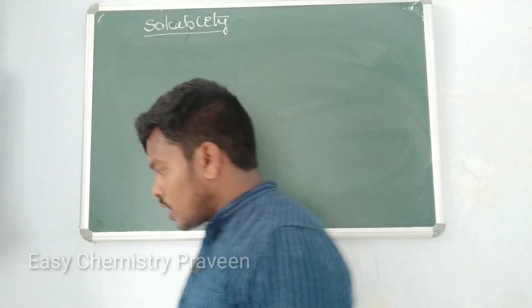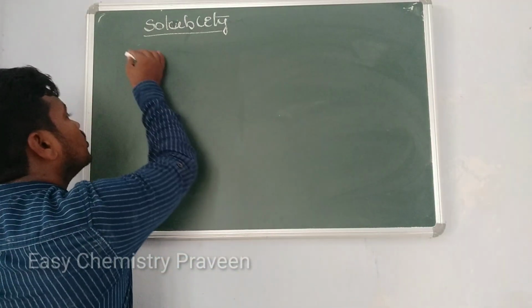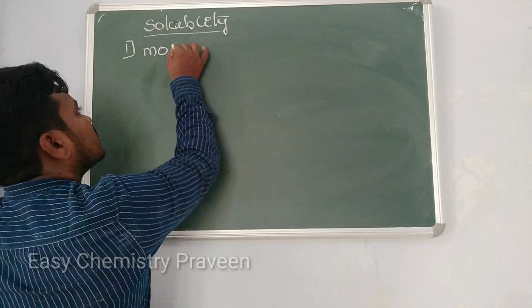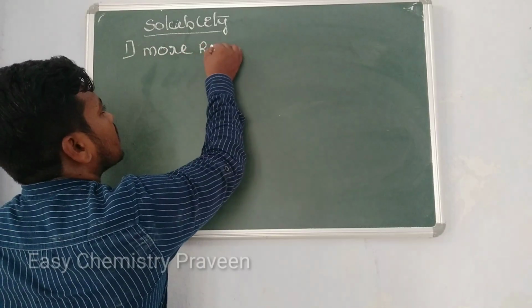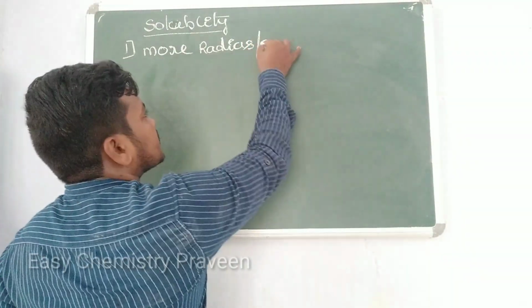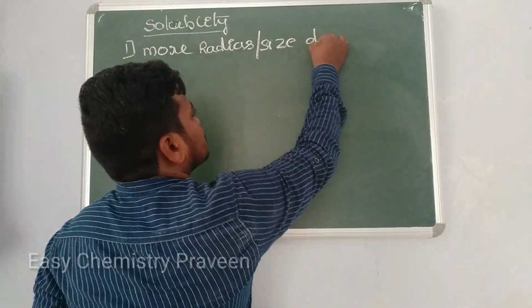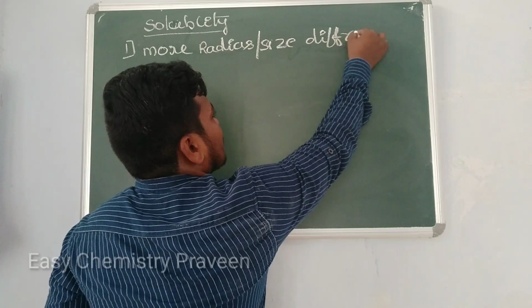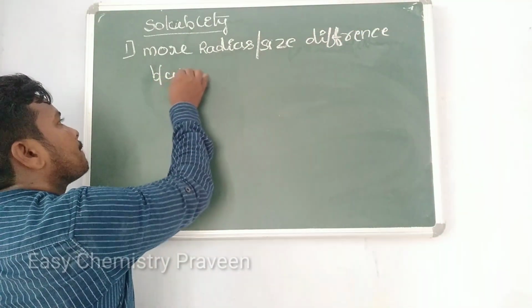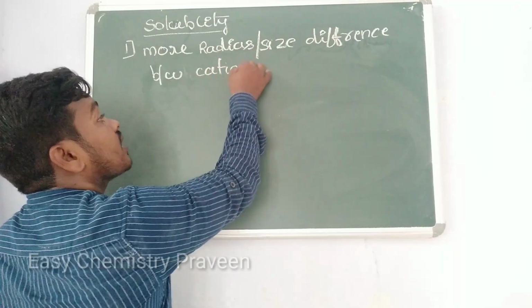If you want to identify which is more soluble and which is less soluble, the first point to learn is the size difference, the radius difference, between the cation and anion.